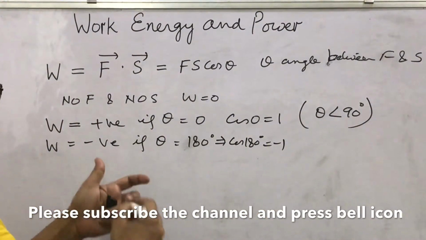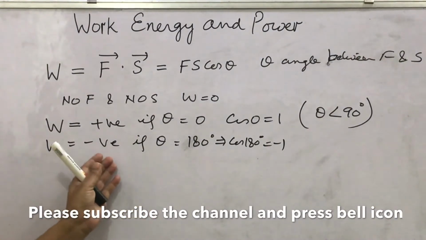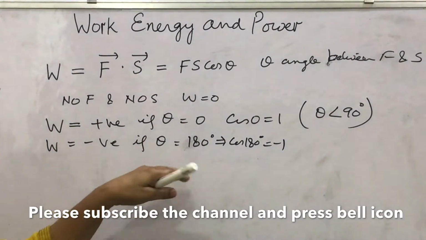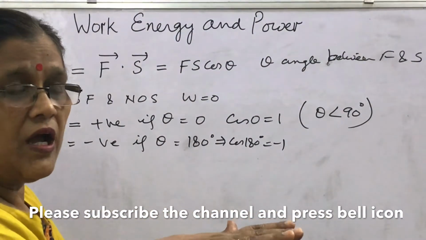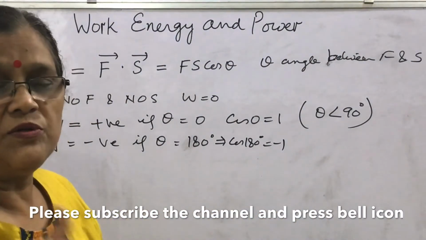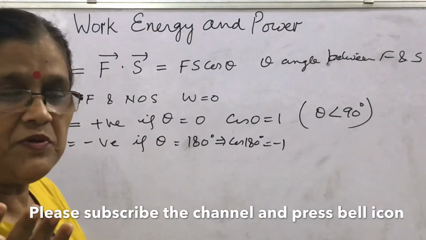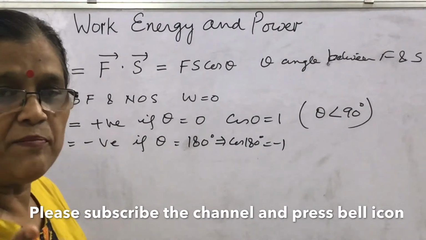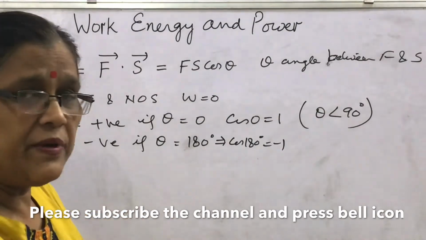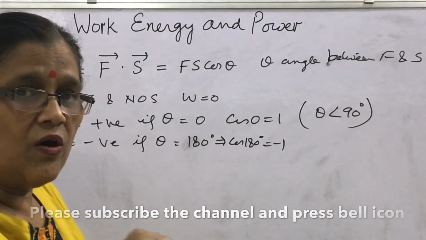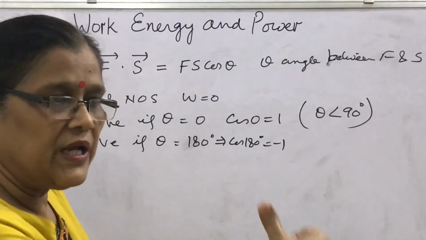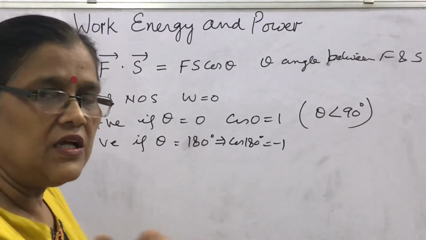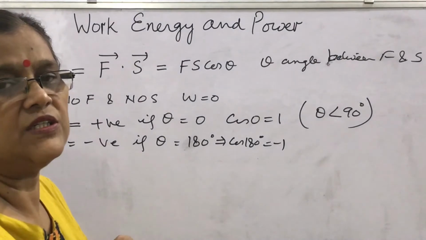How can you say that work done will be negative? If F and S are in opposite directions. You are applying force and displacement is in the direction opposite to the force. Can you suggest one example? It happens during braking, or whenever an object is moving, the friction is in the opposite direction.